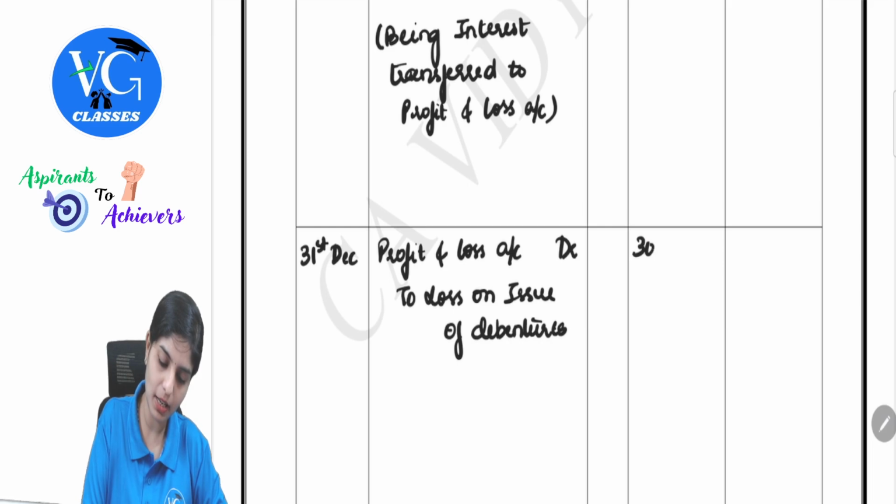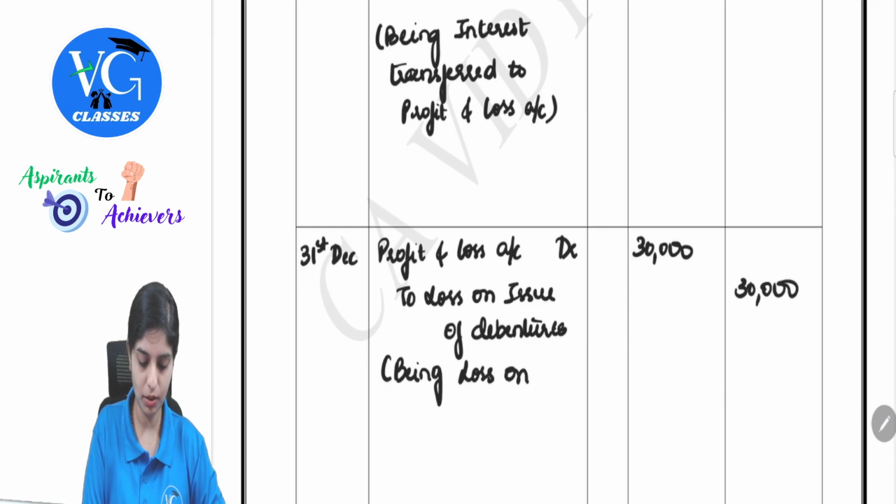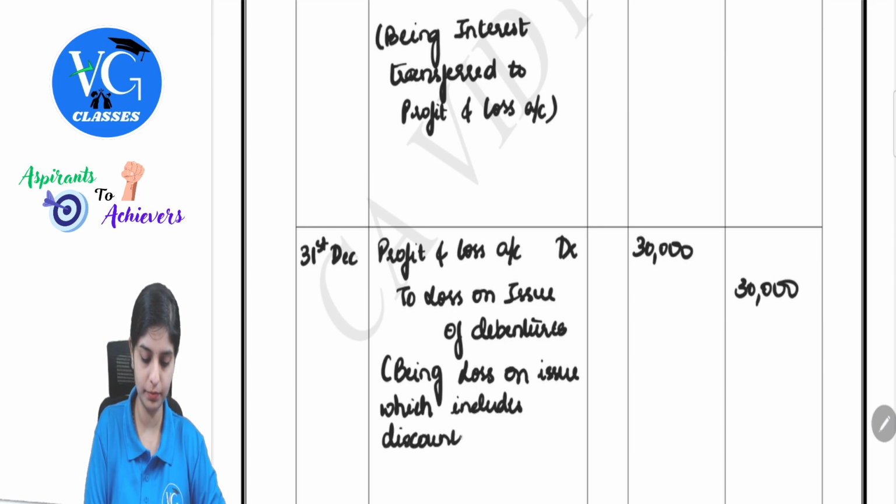That's why we are taking one combined amount, 30,000 and 30,000, being loss on issue, which includes discount and premium on redemption written off for first year.